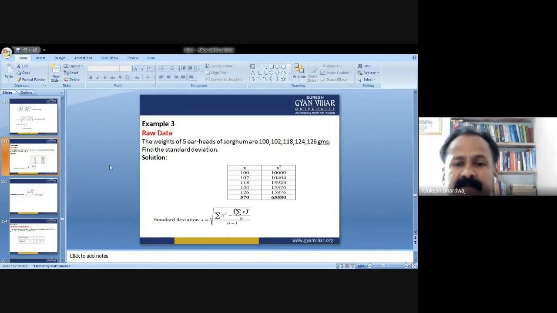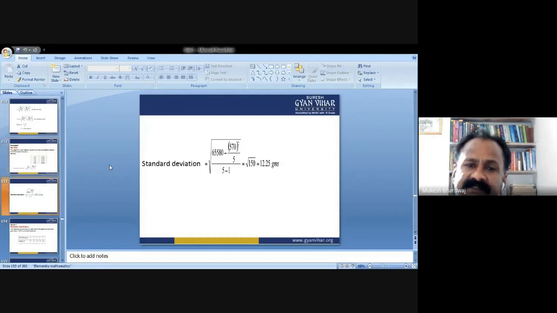Now the whole is divided by n minus 1, that is 5 minus 1, which is 4. These are very simple calculations, and finally the standard deviation comes out to be 12.25 grams. So this is the calculation for finding the standard deviation for raw or ungrouped data.